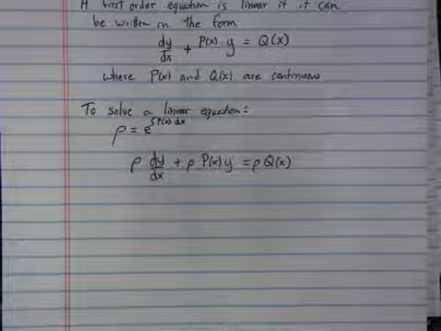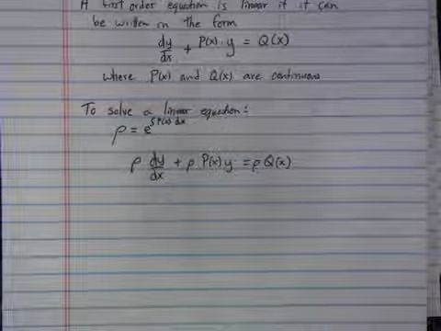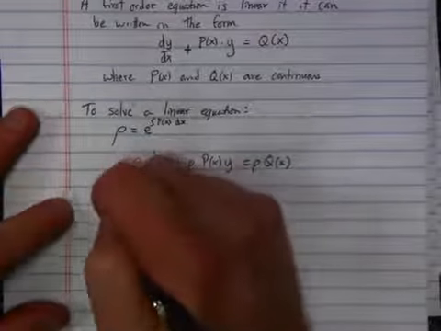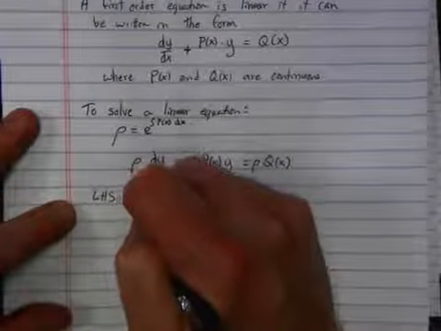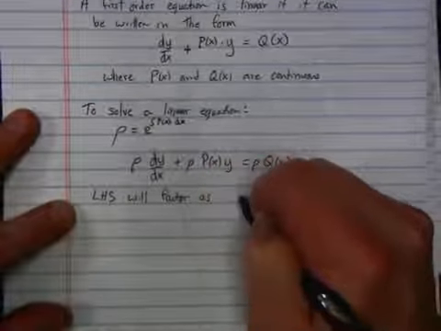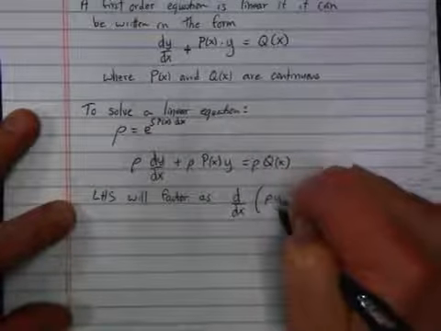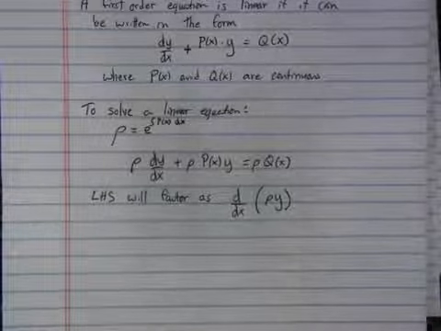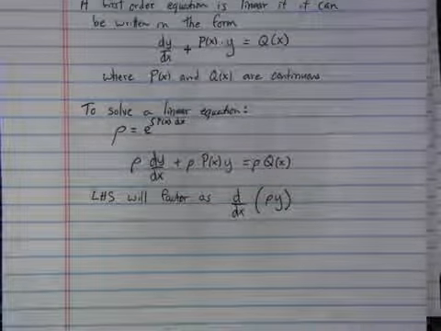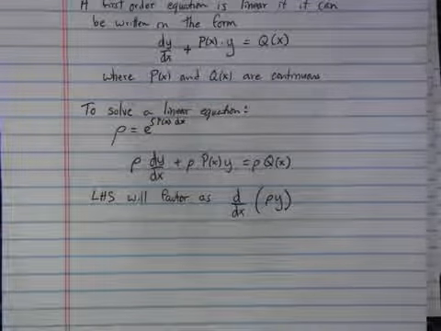If you've done everything correctly up to this point, the left-hand side should then factor in a very special way. The left-hand side will factor as the derivative of rho times y, if you've done it correctly.